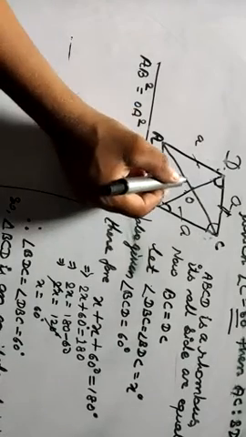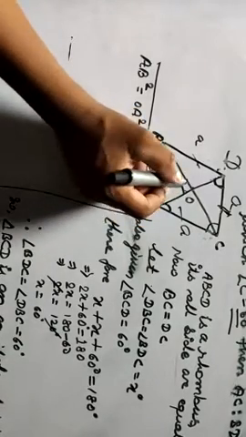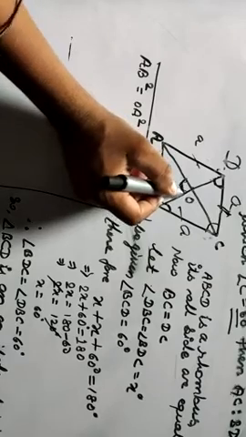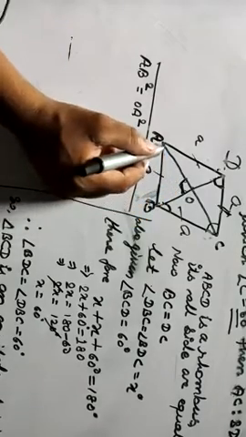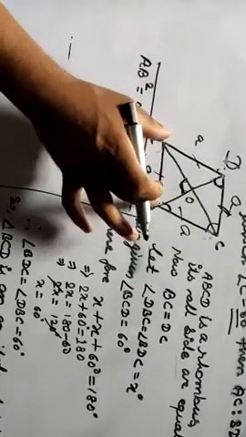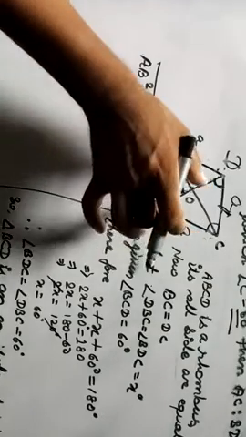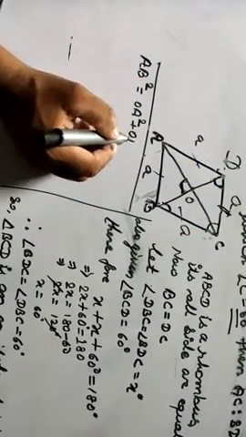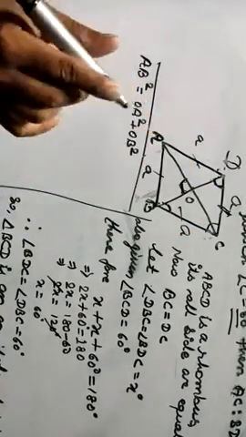Okay, because it will be 90 degree. In front of 90 degree, it will be hypotenuse. That's why AB square is equal to OA square plus OB square. Understand?